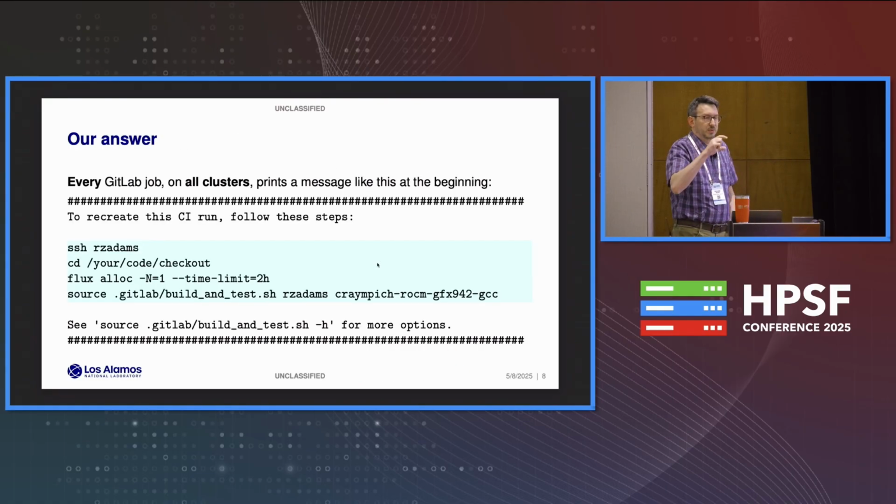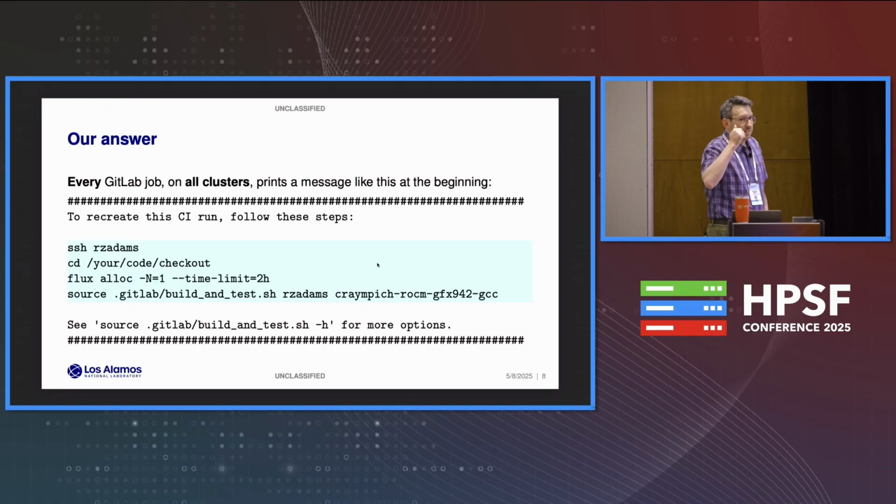It's a short description of what you have to do to get exactly the same kind of CI run on that particular cluster. It's the same on all clusters and the same for all codes. So once you've learned this system, all the developers know this workflow now.